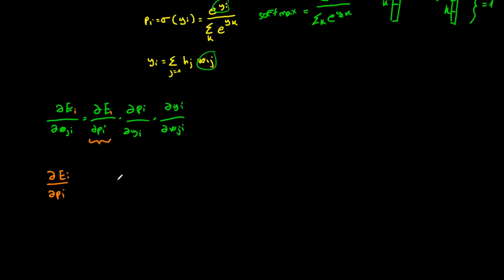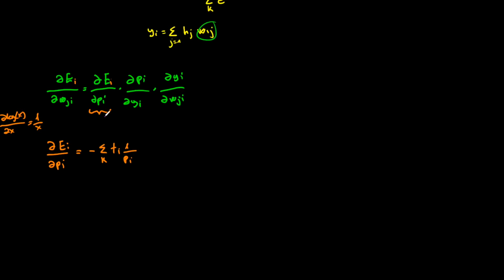As we know, the derivative of log of x with respect to x is just 1 divided by x. So we will apply this. So this is the same as the summation over all classes of the label of that class multiplied by 1 divided by p sub I.